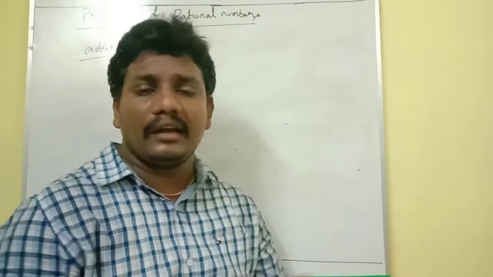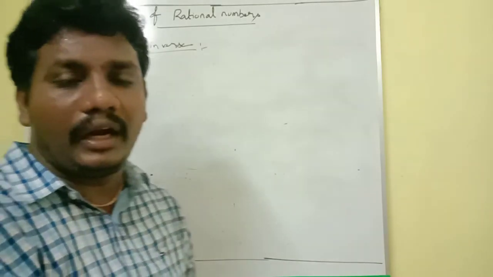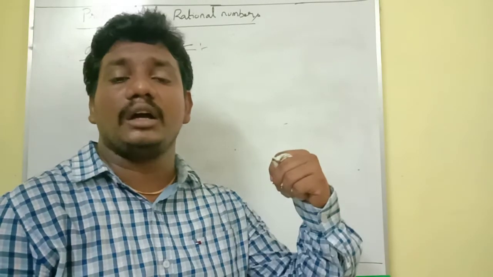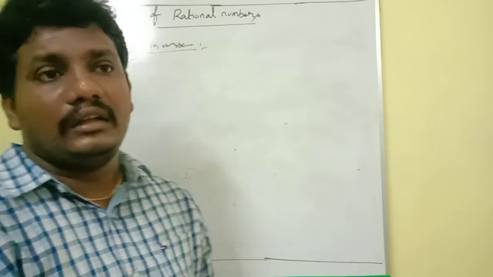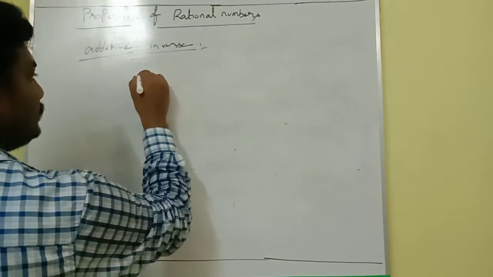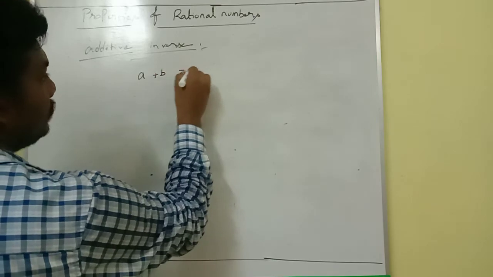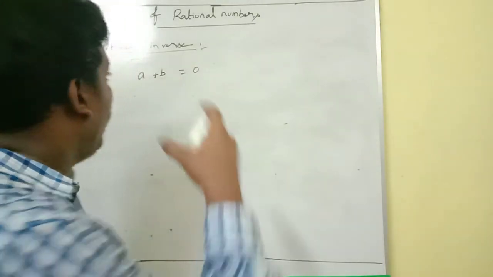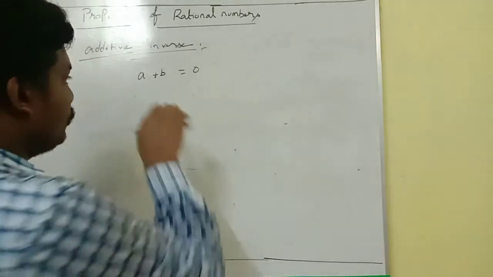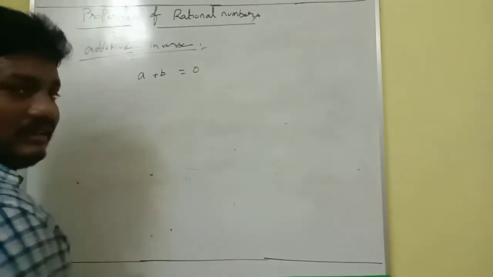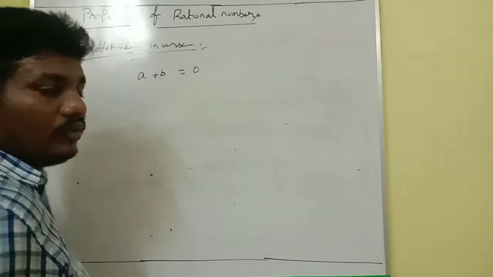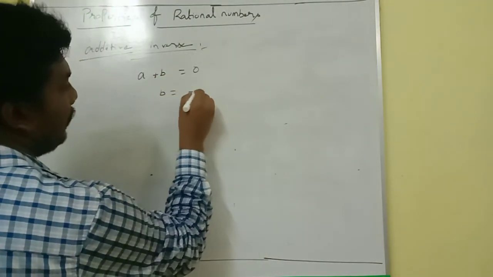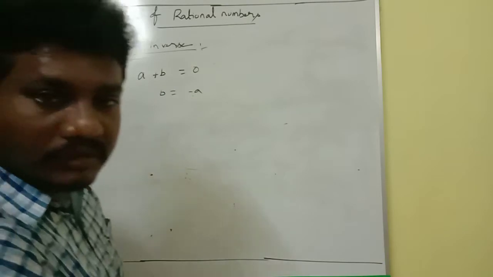If you add any two numbers, a plus b, and the sum becomes the additive identity, then the two addends are known as additive inverses of each other. Here b becomes minus a.